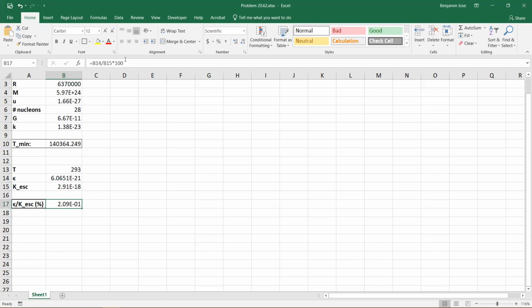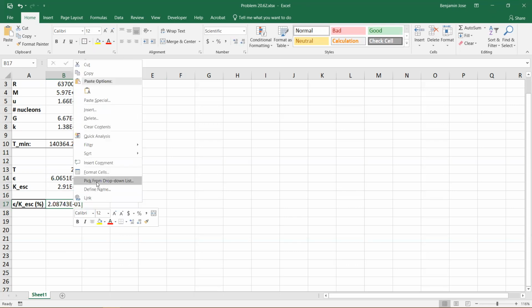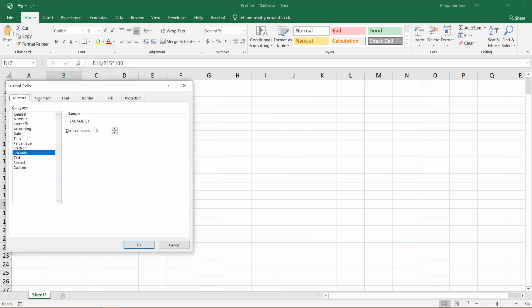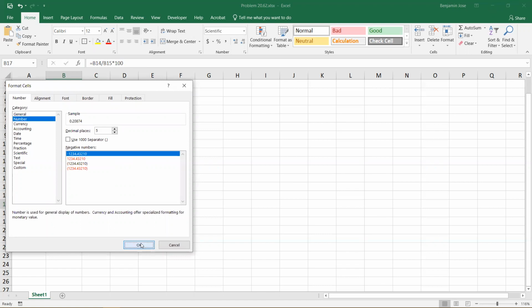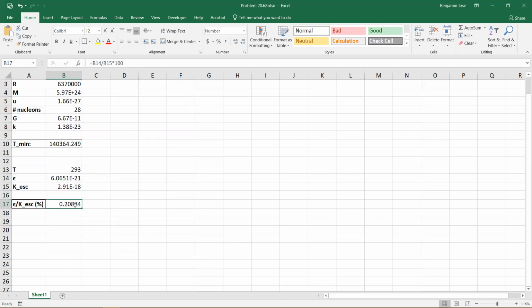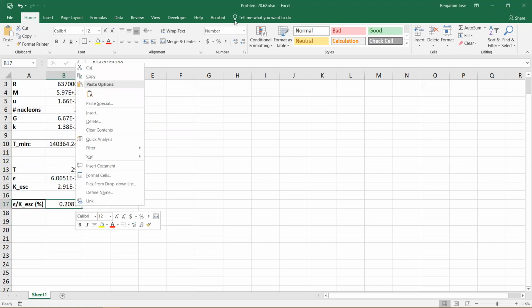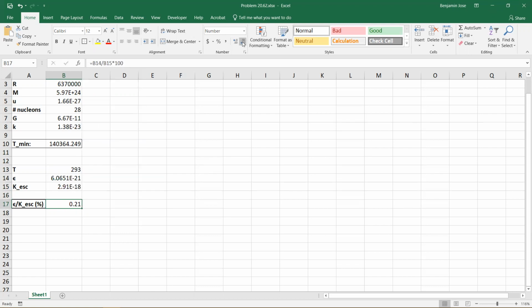And I don't want scientific notation, so how do I undo that? Let's see, if I right click on the cell and go to format cells, I don't want scientific notation, just give me a number, please. And one digit would be just fine.